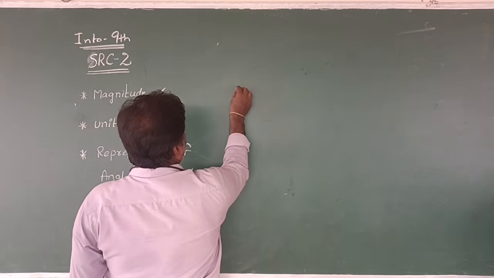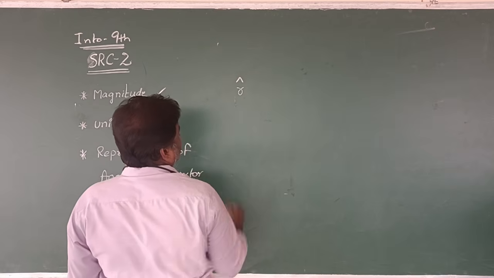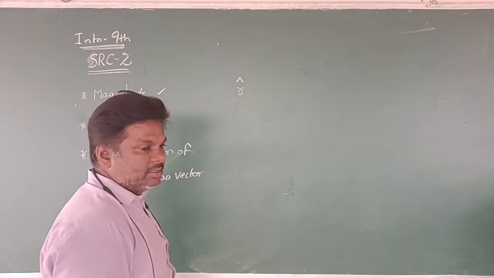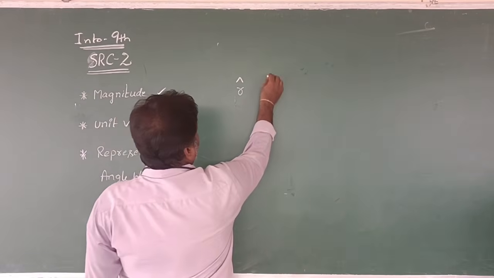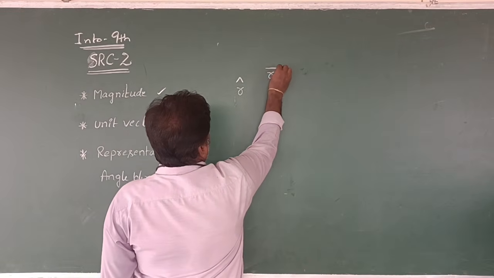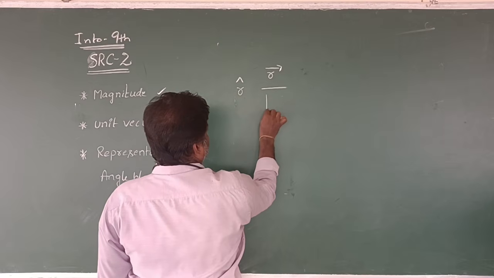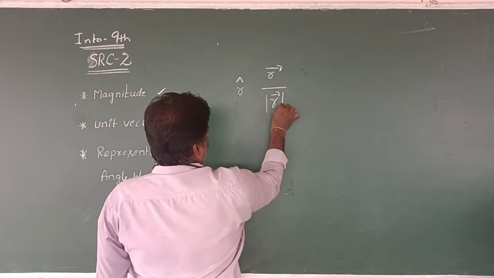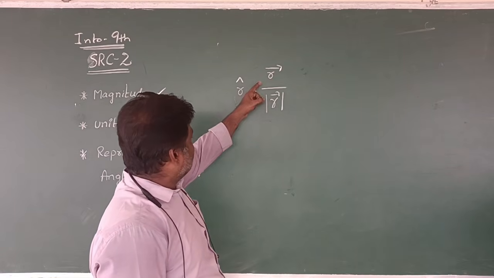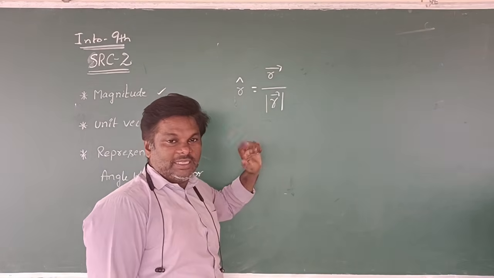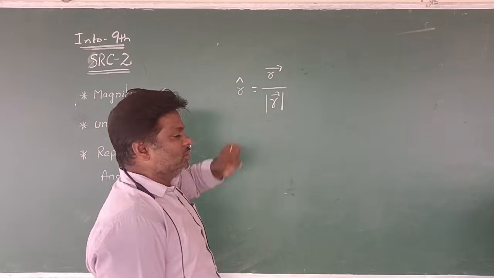A unit vector is always represented like this. I told you before, the cap itself gives you the idea that the given vector is a unit vector. So a normal vector R bar can be represented as R cap by doing a simple calculation like this. Every given vector is divided by its magnitude, and then it is converted into a unit vector.